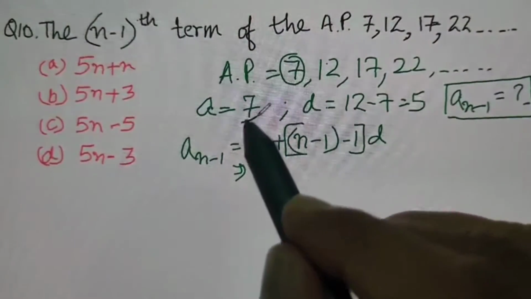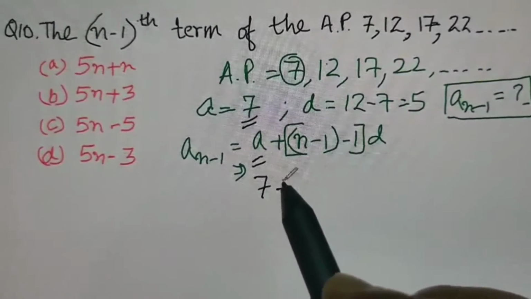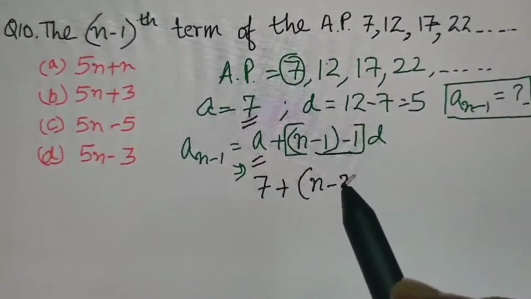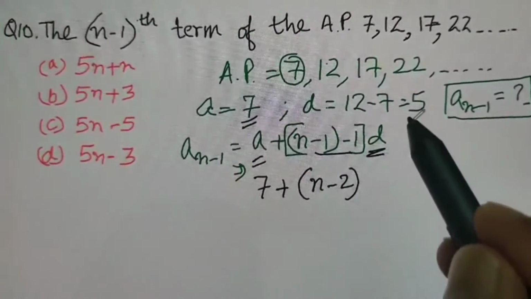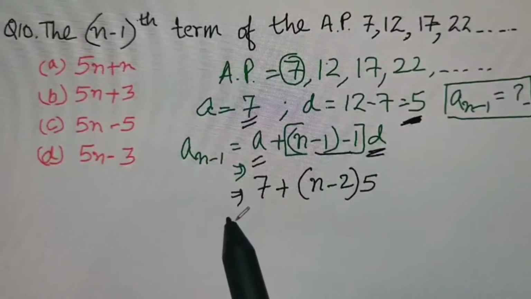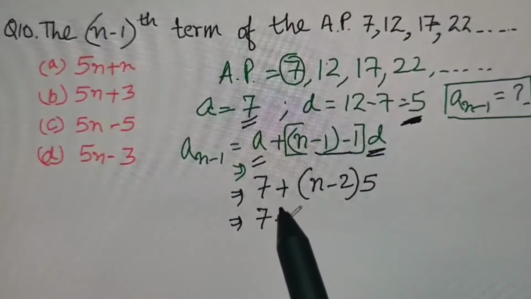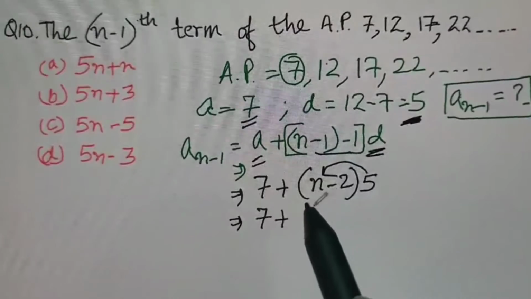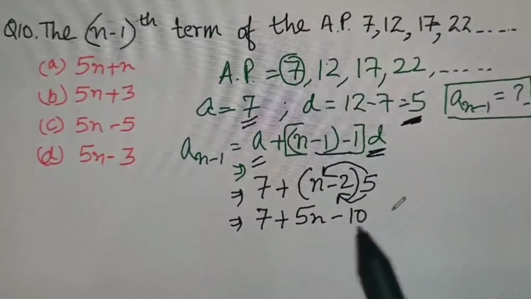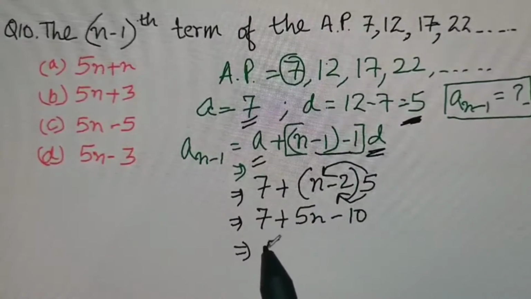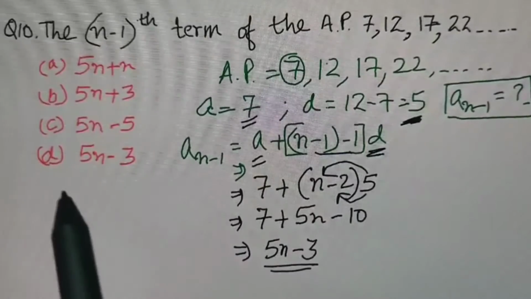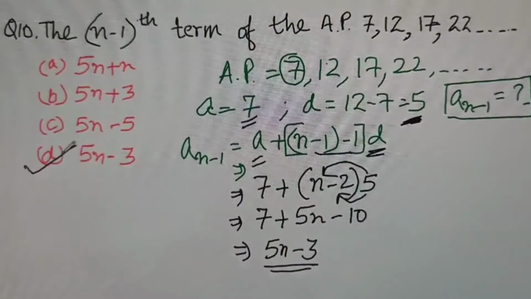The value of A is 7, and now this becomes n minus 2, and the value of D is 5. So if I solve it further, I get 5 into n is 5n and minus 10. So what do I get? I get 5n minus 3. So option D is the correct answer.